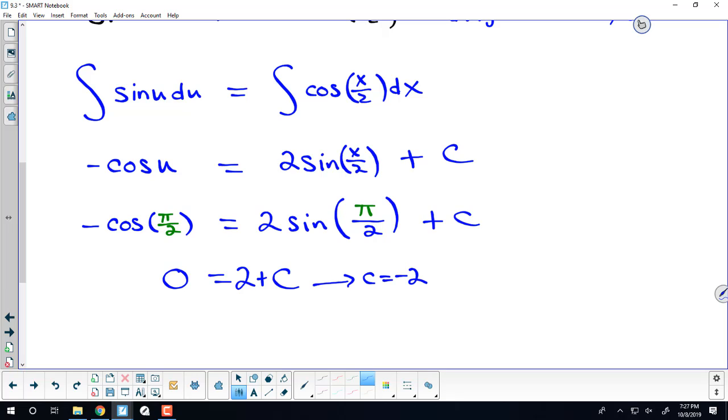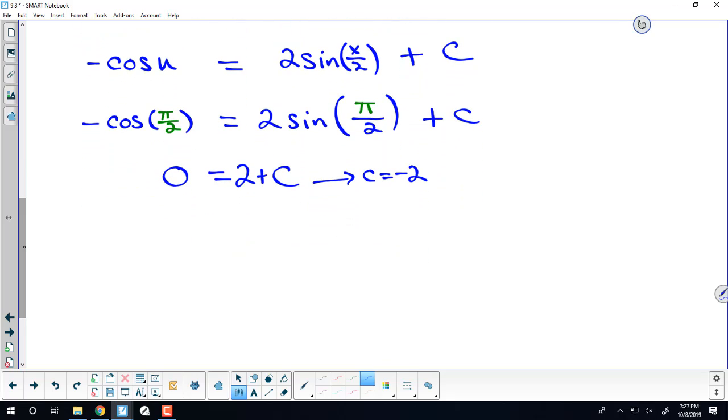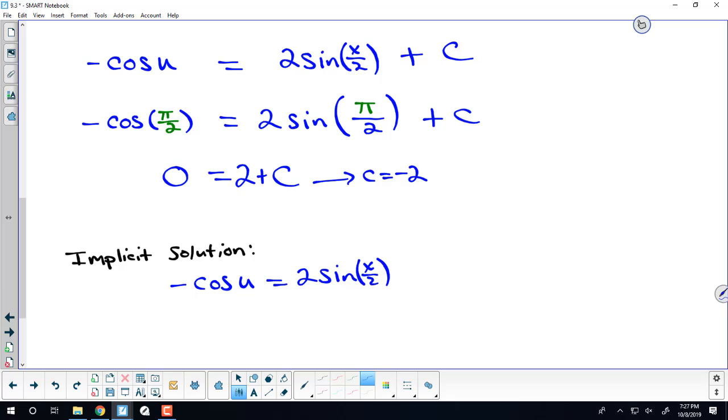Okay, so we want to plug that back into our implicit solution. Negative cosine u is 2 sine x over 2 minus 2.